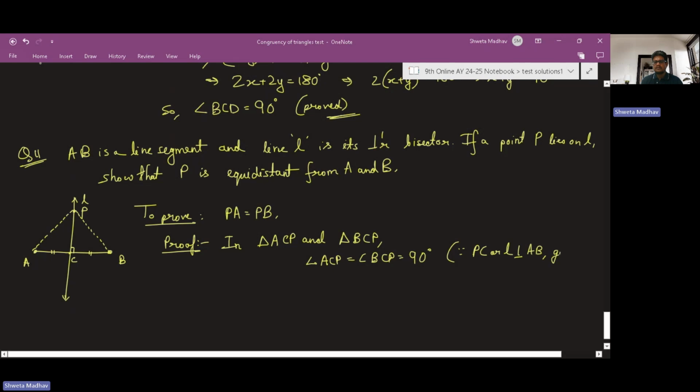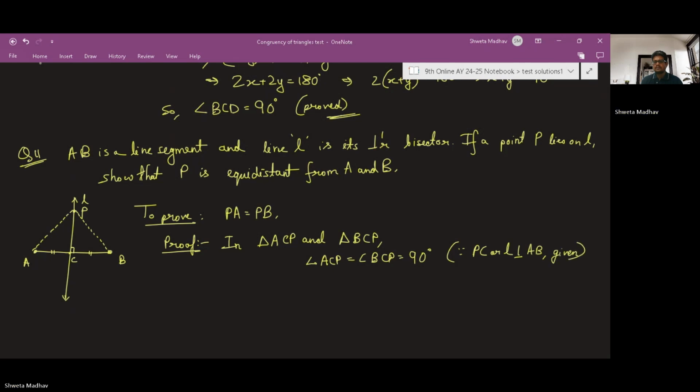And AC is equal to BC, which is also given, since L bisects AB. And also we can see that PC is the common side.